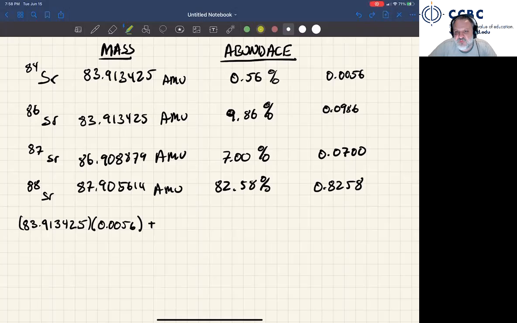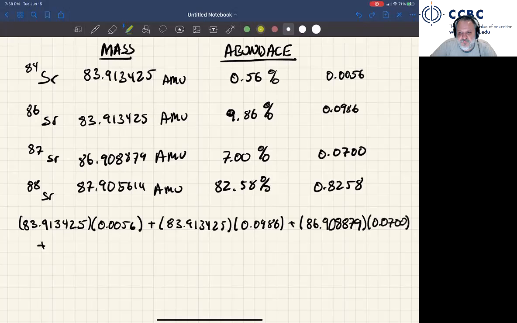Now I'm going to leave out the mass as a unit, just because there's a lot going on here. I'll come back to that in a second. So the second mass, for strontium-86, times its percent abundance. I'm going to add that to the mass for strontium-87 times its percent abundance, and then add that to strontium-88 times its percent abundance.